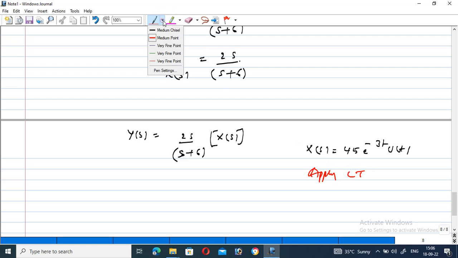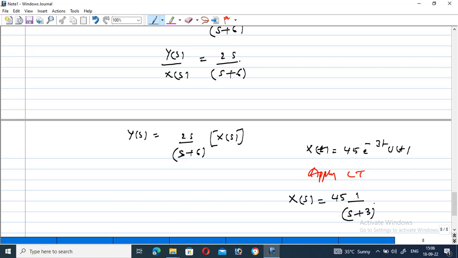Then X(s) is equal to 45, a constant, no variations in this one. 45 is as usual. e power minus 3t into u(t), u(t) is equal to 1 by s. So according to the formula of Laplace transform of e power minus at, 1 by s plus a, therefore this value is equal to 1 by s plus 3.